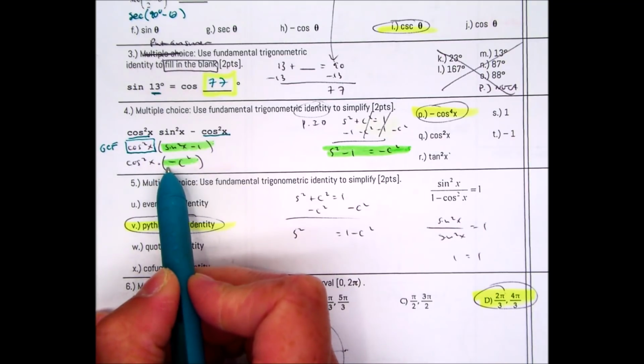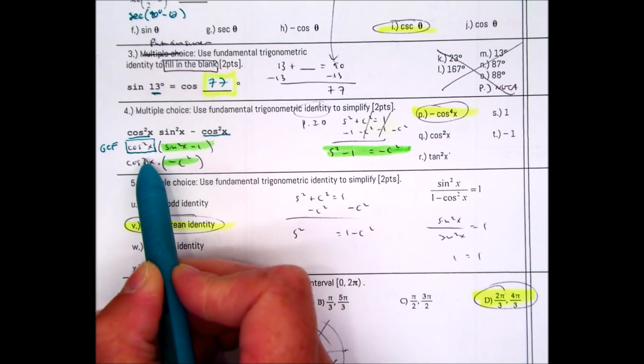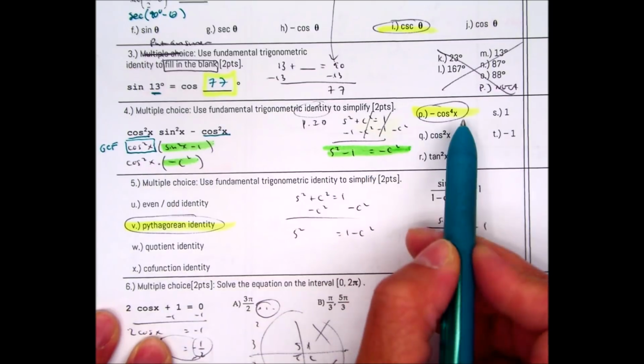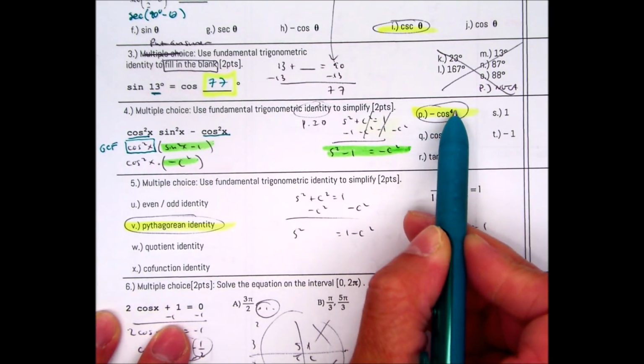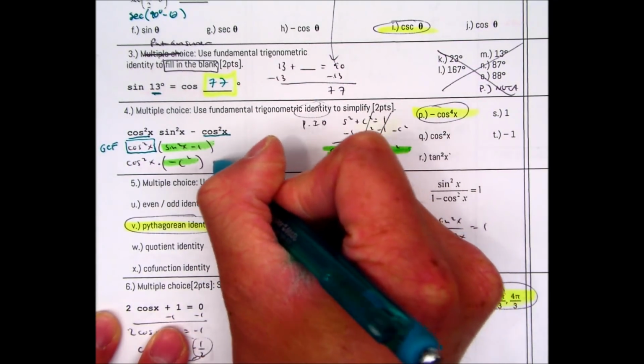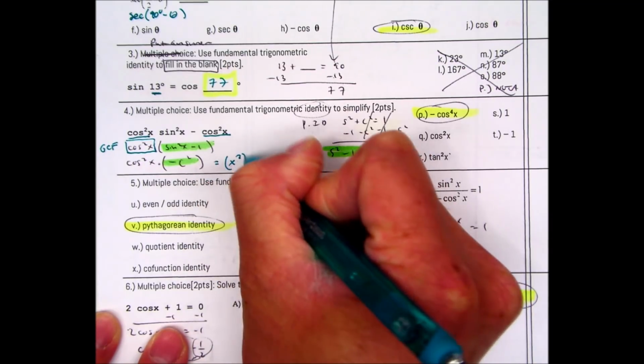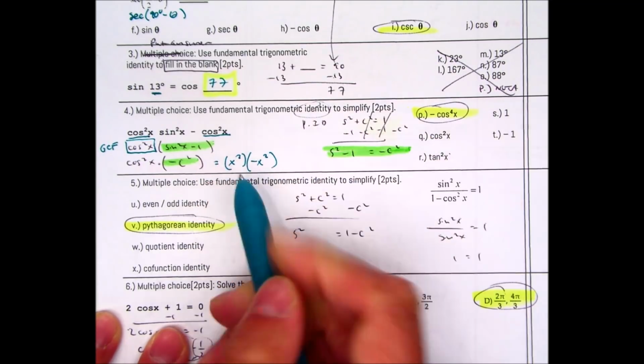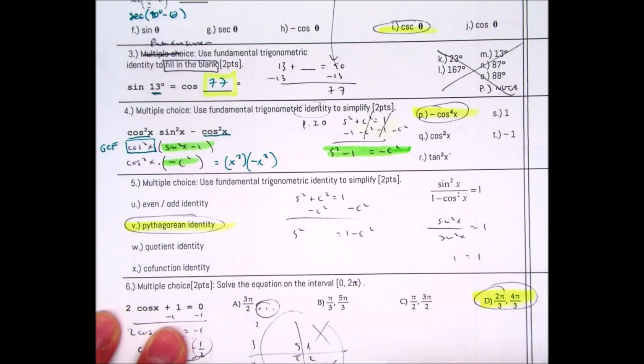Positive times a negative is a negative. Cosine squared x times cosine squared x equals cosine to the fourth x. Remember, it's kind of like x squared times negative x squared, right? Same base, you're adding the exponents.